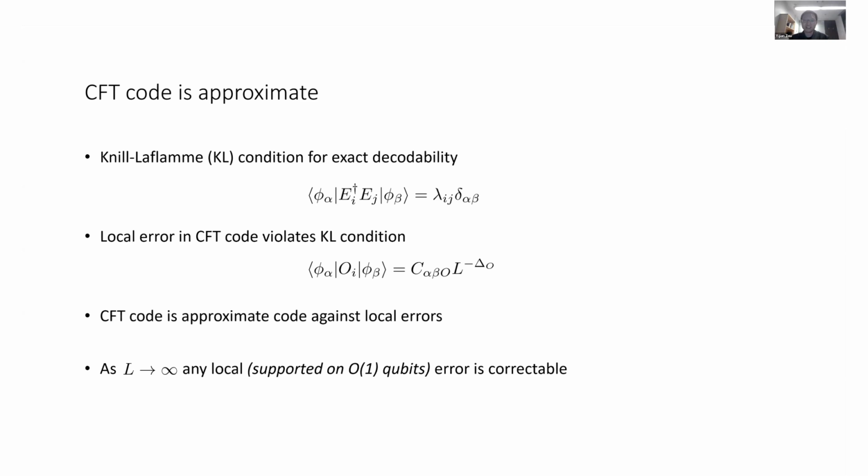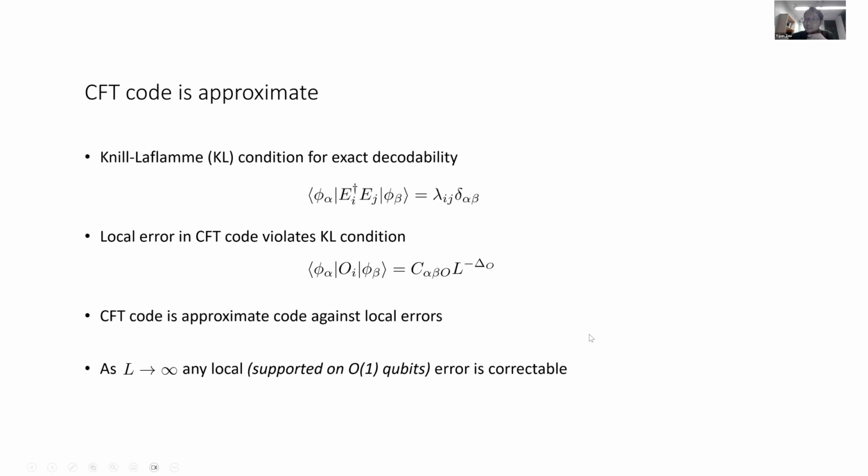If you look at errors that are 1 or 2 errors, if you just have 1 error, this error can always be detected and perfectly corrected by the majority vote decoder, right? But for the CFT code, you lose that property.